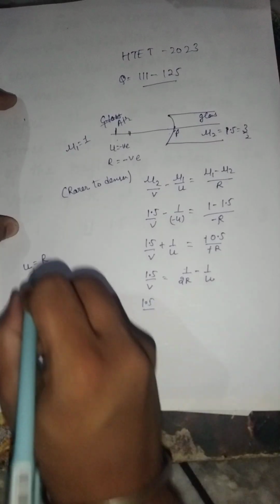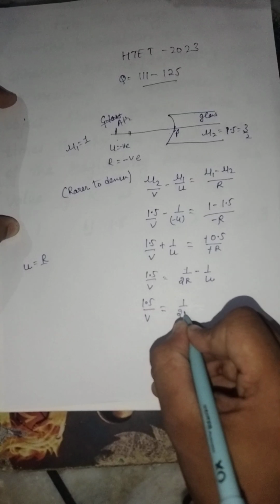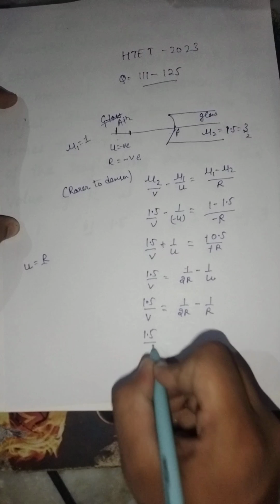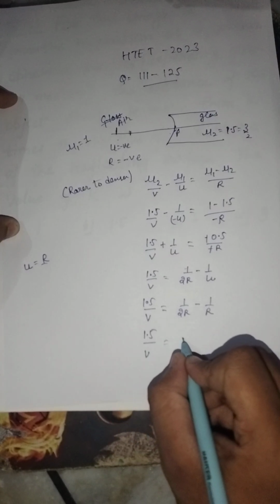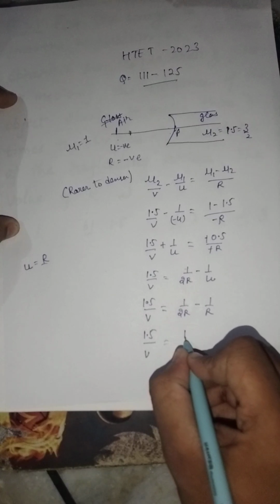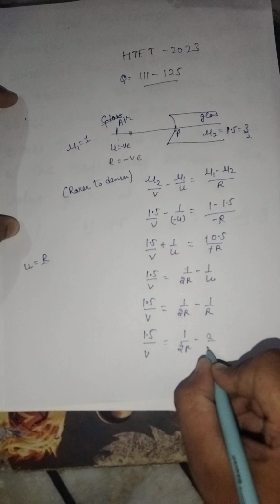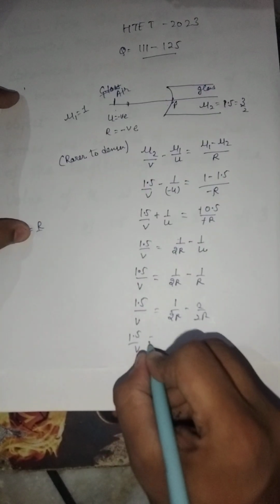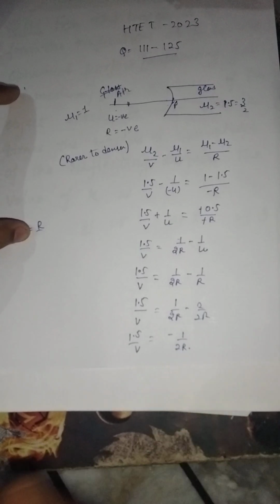Let our object be placed at r. 1.5 by v equals 1 by 2r minus 1 by r. Take its LCM, that comes out equal to 1 by 2r minus 2 by 2r. So 1.5 by v is equal to minus 1 by 2r.